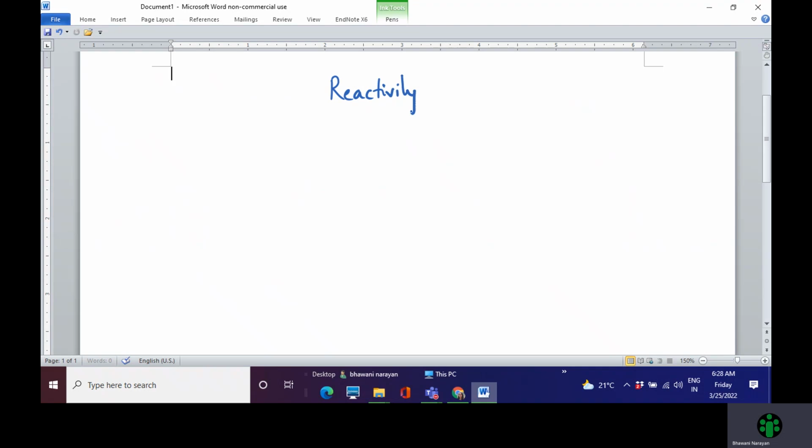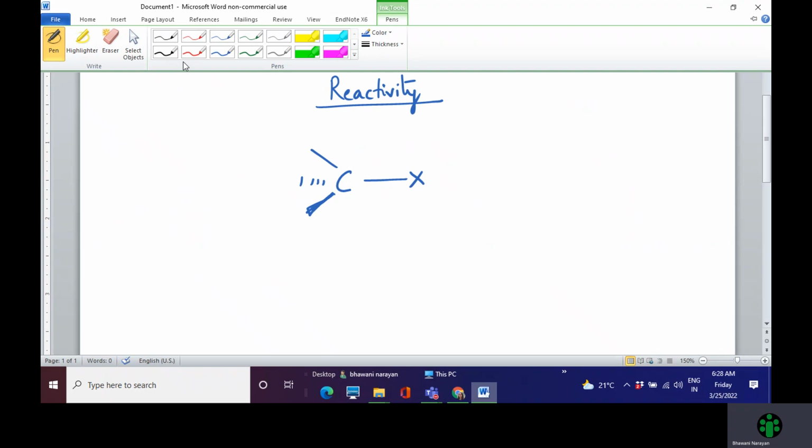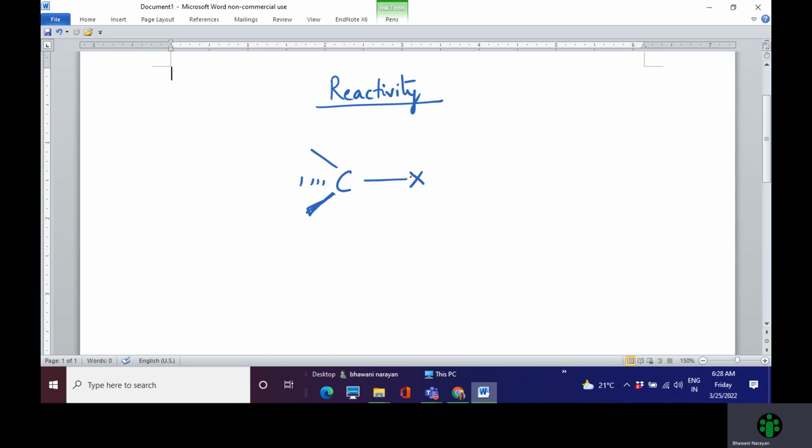First of all, why are alkyl halides reactive? Let us have a close look at the structure again. So alkyl halides can be written like this. There is a halogen and there is a carbon. And as you can see that the halogen is much more electronegative than the carbon. And what happens when an atom is electronegative and it is attached to carbon?